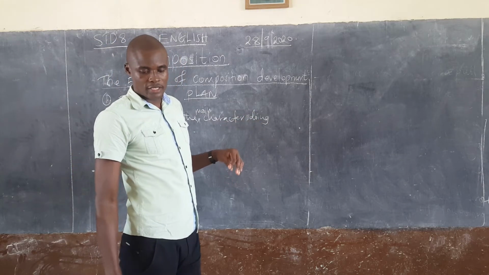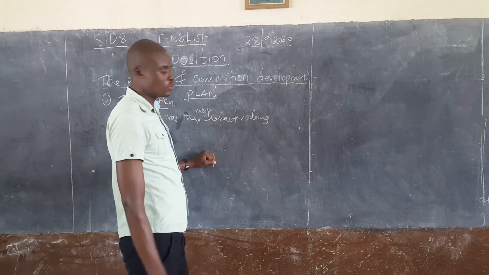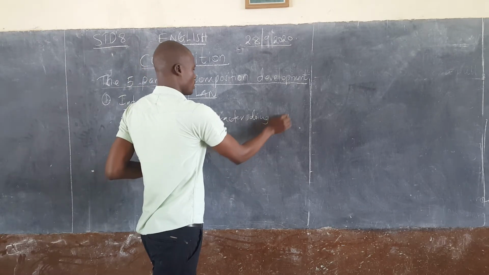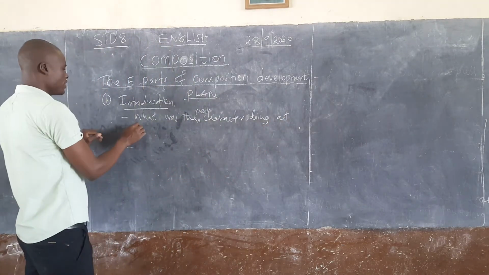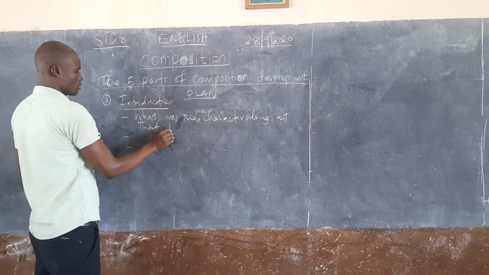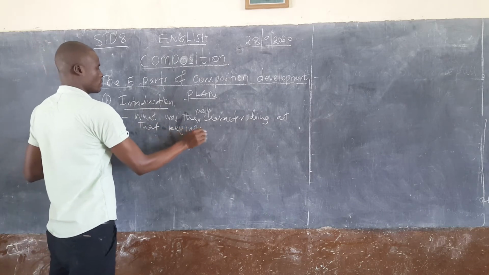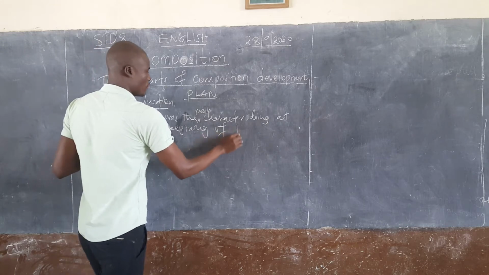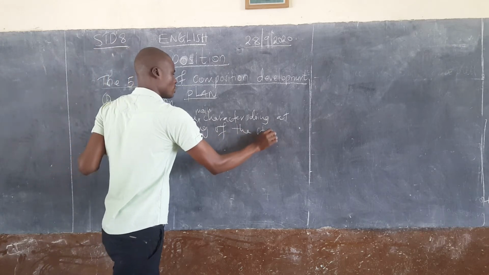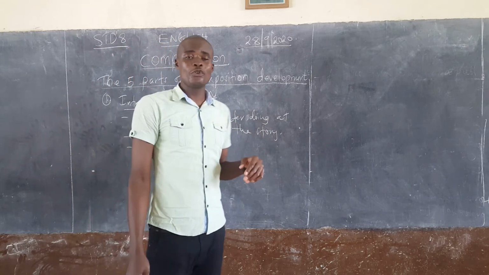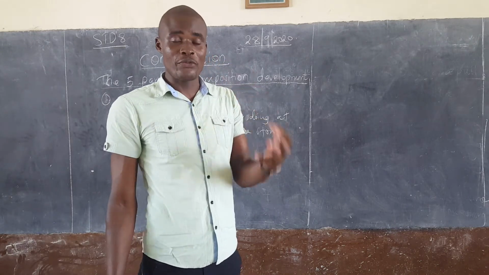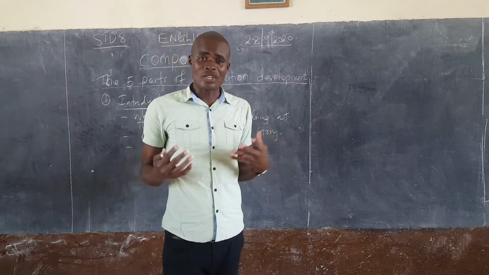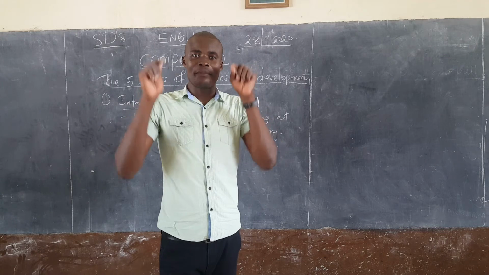What was the main character doing at the beginning of the story? Your story will not be effective when we have not outlined what the character was doing at the beginning.